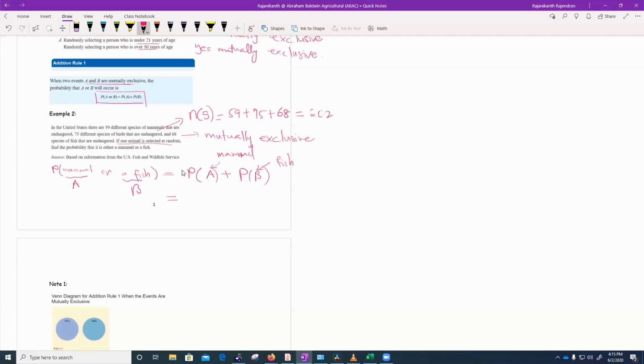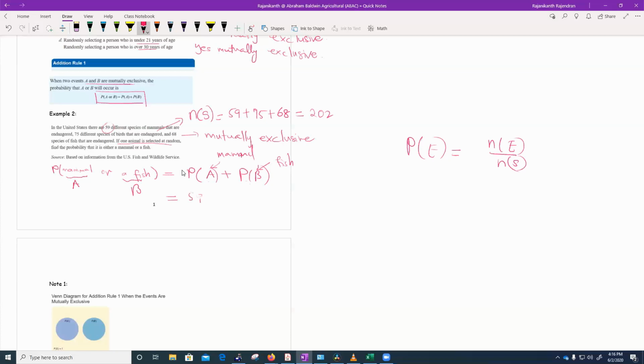Remember last time we had a formula for the probability of any event E, which is simply given by n of E over n of S, the number of outcomes in your given event E over the number of outcomes in your sample space. My event is now A, selecting a mammal. So ask yourself how many mammal species are there. There are 59.